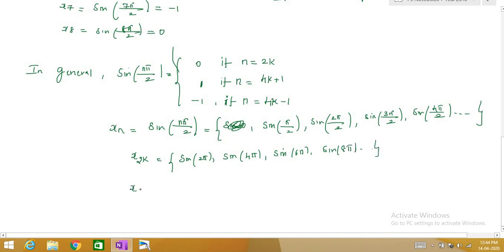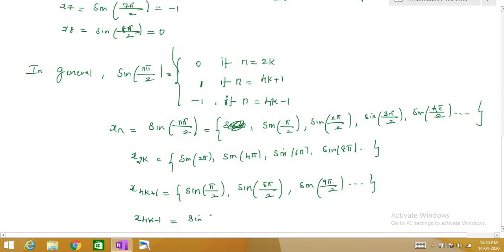I'm going to choose another, x_(4k+1). Here, if k is equal to 0, I'll have sin(π/2). If k is equal to 1, I'll have sin(5π/2), and sin(9π/2), etc. And I'm going to choose another subsequence x_(4k−1), right? If k is equal to 1, we will have sin(3π/2), and if k is equal to 2, we will have sin(7π/2), etc.